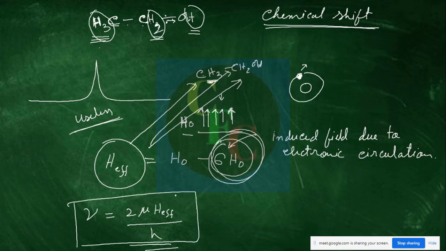Now as H effective is different for different protons in each molecule, the frequency of resonance is also different, and that's why in the case of ethanol we do not get one single peak, we actually get 3 different peaks. Actually the spectrum is not like that.